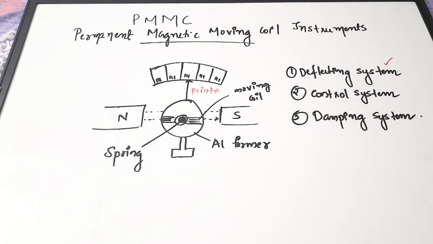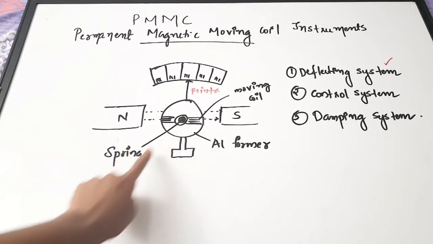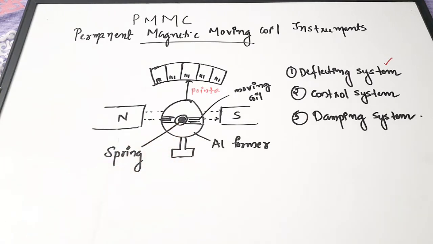The second system is the control system. You can see that in the middle there is a spring. While discussing controlling forces, we discussed that there are mainly two types, spring control or gravity control. Here there is a spring, so it has to be spring control.